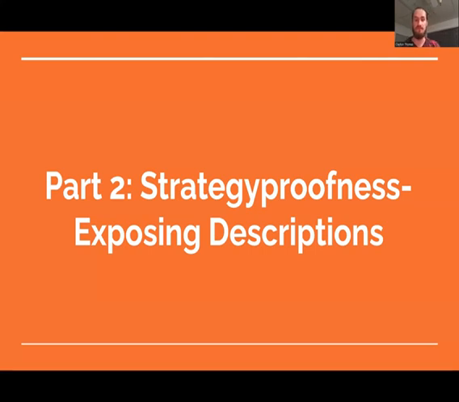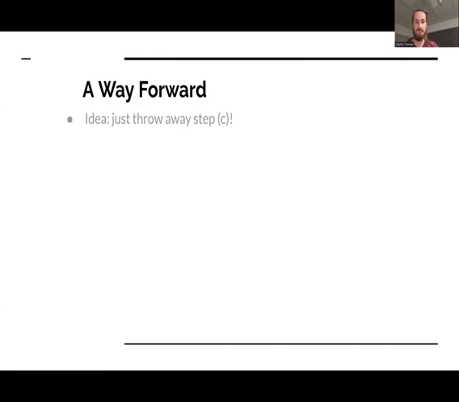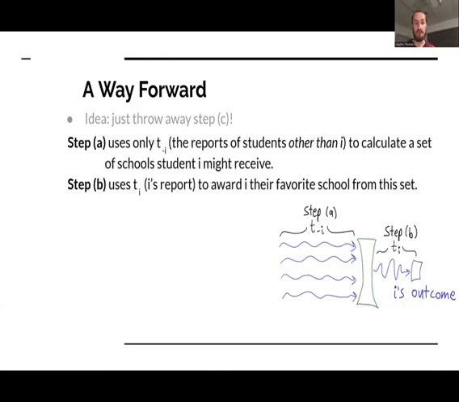So that brings us into part 2, strategy proofness exposing mechanism descriptions. So here's our idea, throw away step C, what do we get? Step A uses only T minus I, the reports of students other than I, to calculate a set of schools student I might receive. Step B uses TI, I's report, to award I their favorite school from this set.